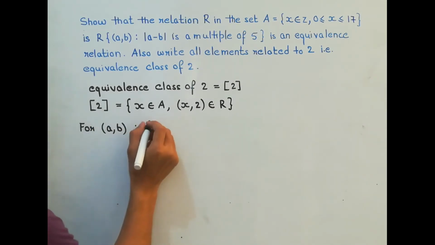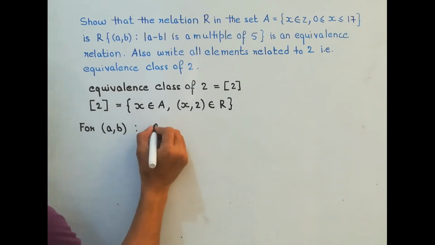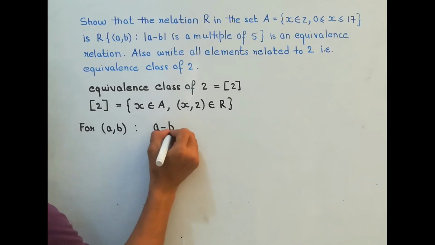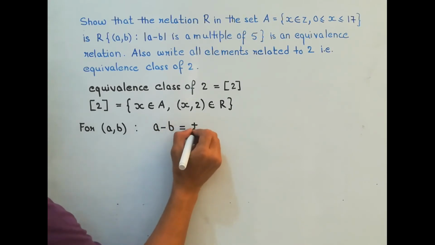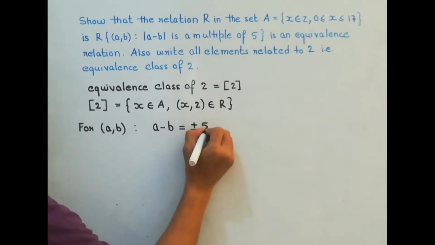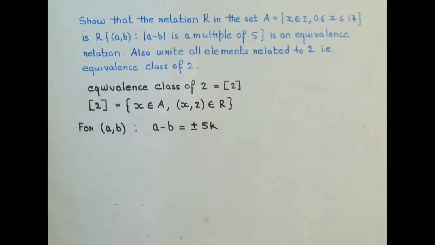For a comma b, the ordered pair relation is a minus b is equal to plus minus 5k, right?